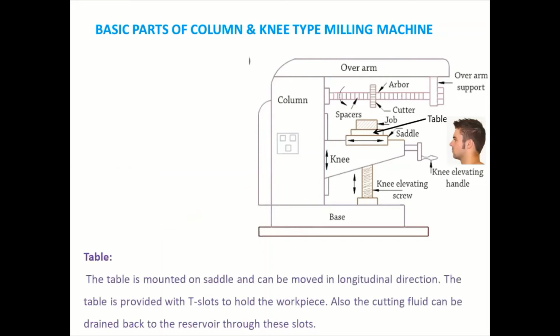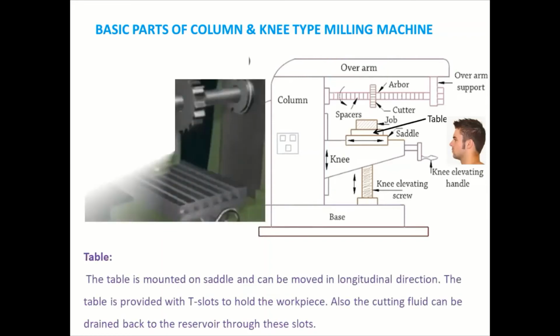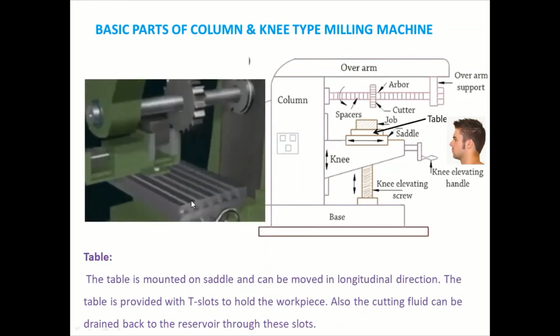Table. Now you can see in this diagram also, this is a table, and this table is mounted over the saddle, and this table has T slots for holding the workpiece, so we require T slots there.